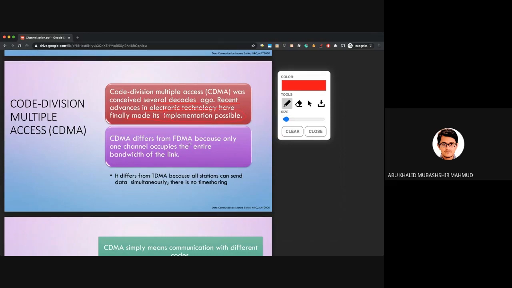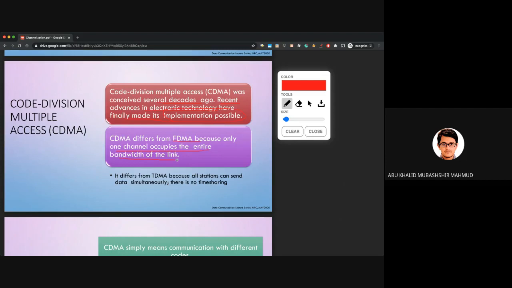So it was thought out very theoretically, and it was introduced at a very early stage, but it is finally made possible only recently. CDMA differs from FDMA because only one channel occupies the entire bandwidth of the link.